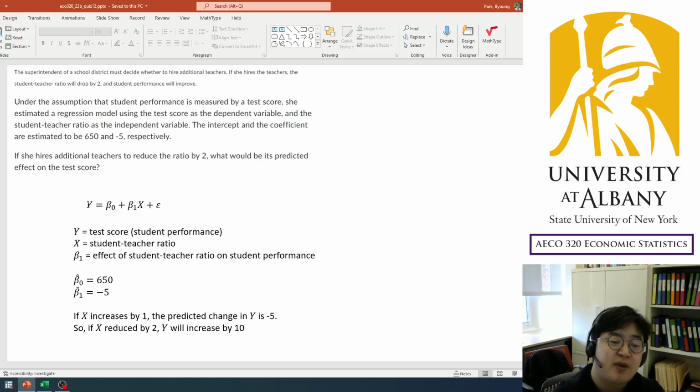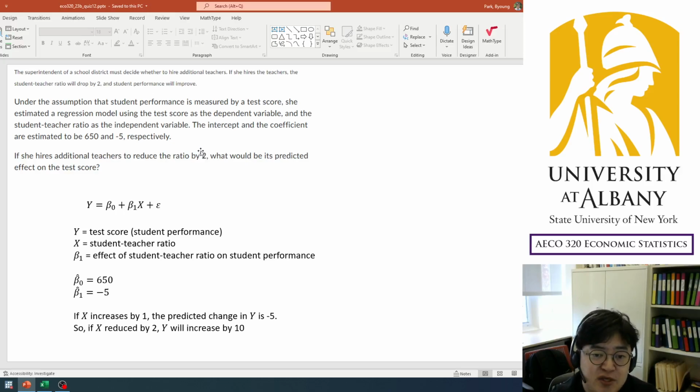So we expect the test score, student performance, will drop. So in that case, of course, beta 1 will be negative because beta 1 is the effect of student-teacher ratio on performance. So if the greater x, the worse, then of course beta 1 will be negative, and that's our estimate, right? And then, beta 1 measures what happens if x increases by 1.